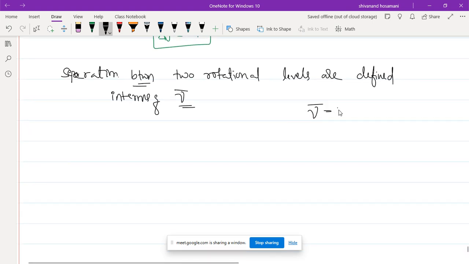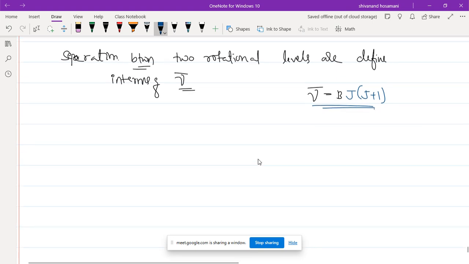Nu bar is equal to B into J plus 1, correct? Let us take the ground state, J equal to 0.